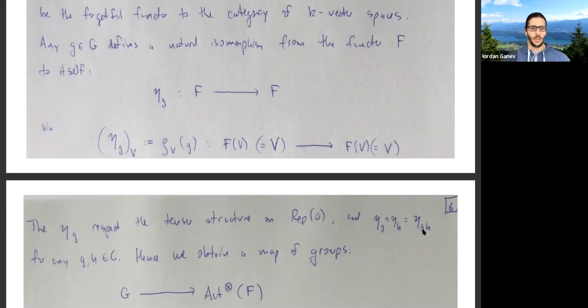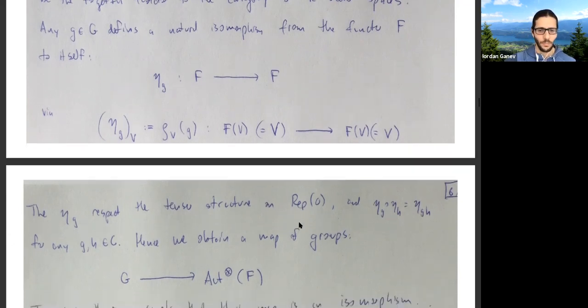And the other thing to check is that this construction respects the tensor structure. That's pretty clear, because the tensor product of two representations has underlying vector space which is the tensor product of the underlying vector spaces.